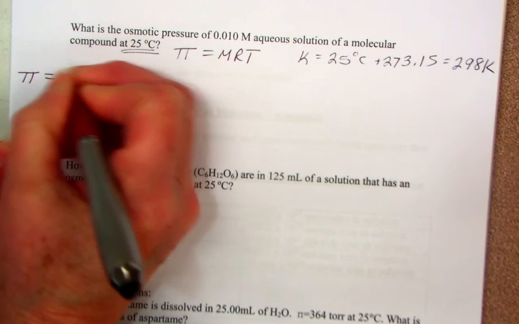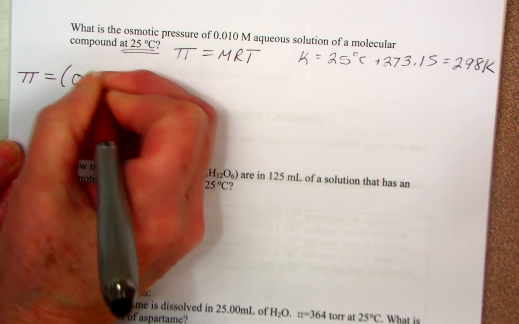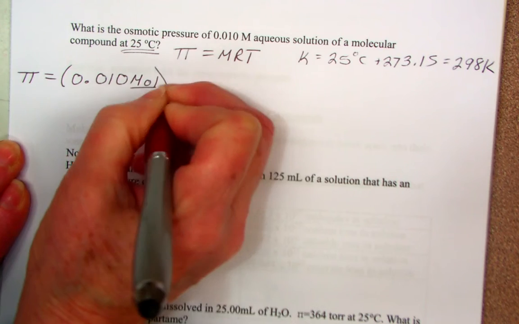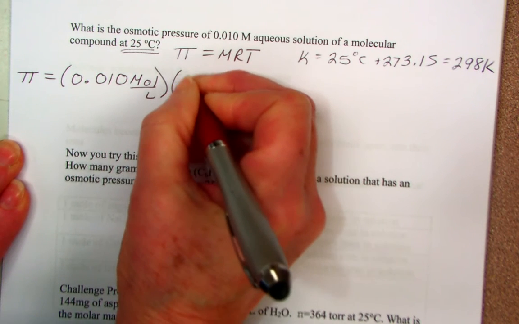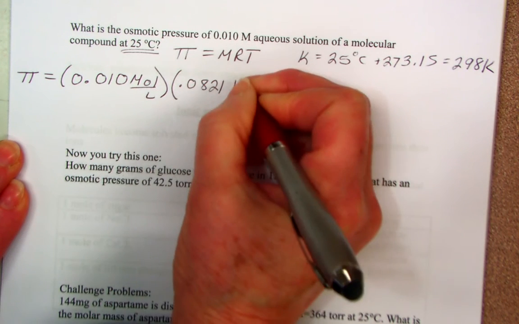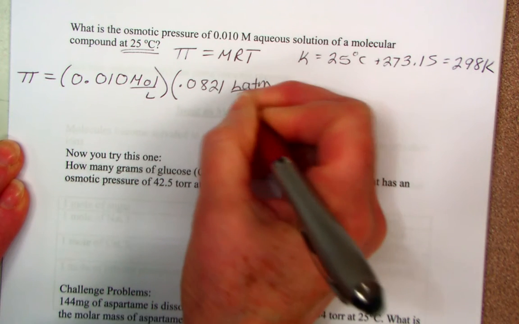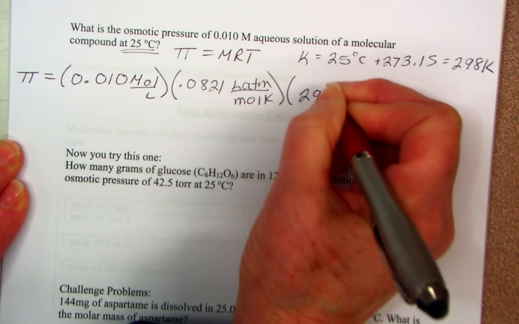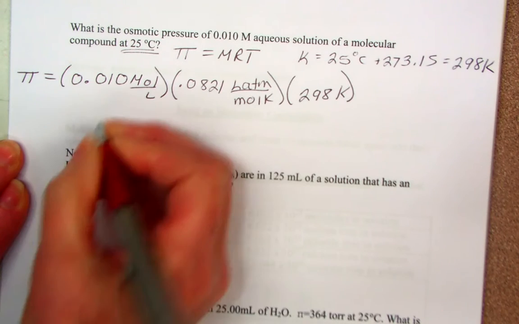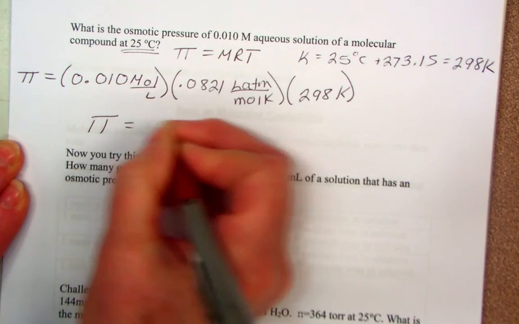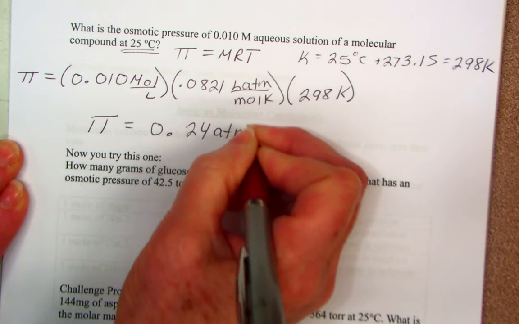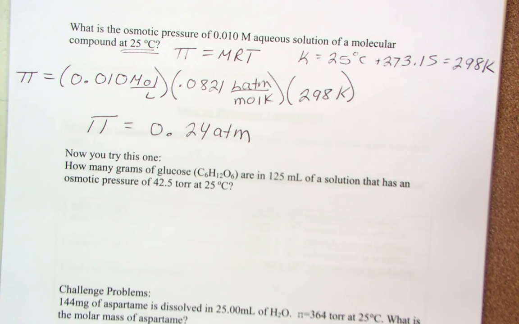Pi, the osmotic pressure, is equal to the molarity, 0.010 molar, moles per liter, times R, 0.0821 liter atmosphere per mole Kelvin, times the Kelvin temperature, 298 Kelvin. So the osmotic pressure, pi, is equal to 0.24 atmospheres. So that's as straightforward as they get.